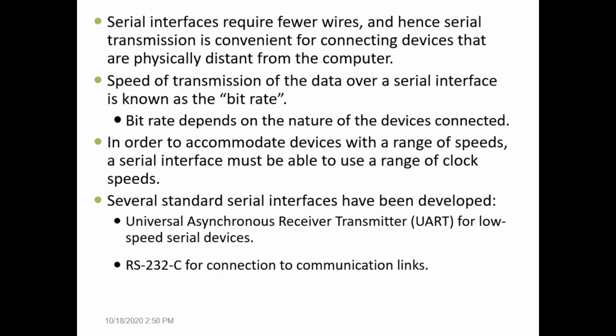Now let us see some characteristics or properties of the serial port over the parallel port. We know both serial port and parallel port communication, but the serial port requires fewer wires. In parallel, multiple wires are needed to send all the bits at a time, which is not required in the serial interface. In the serial interface, only one bit is sent at a time, so we need fewer lines.